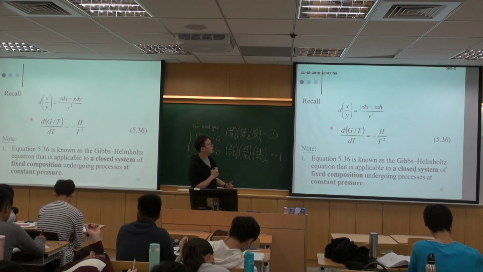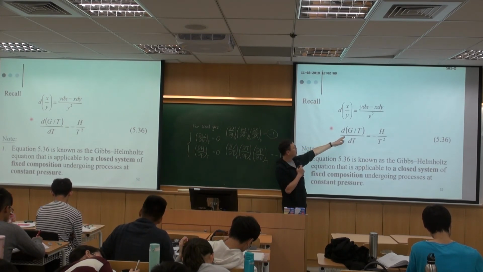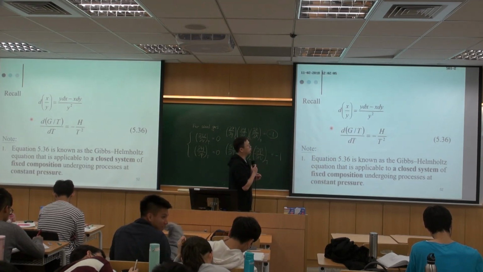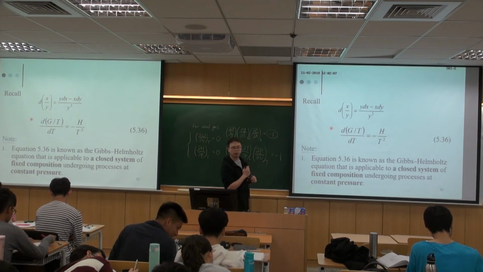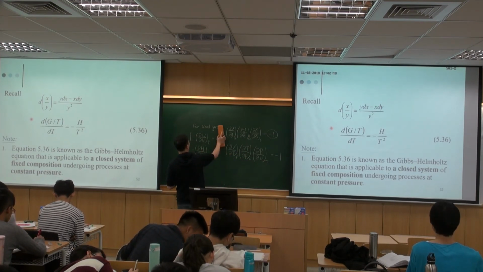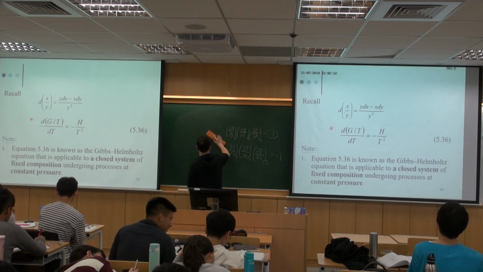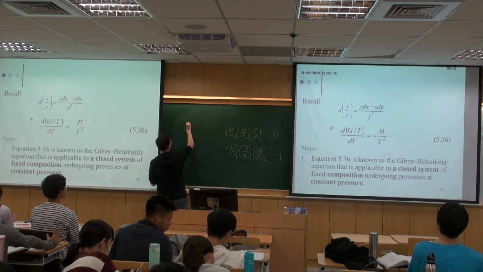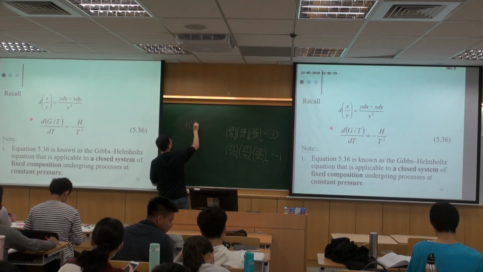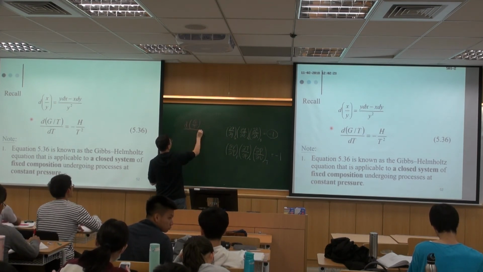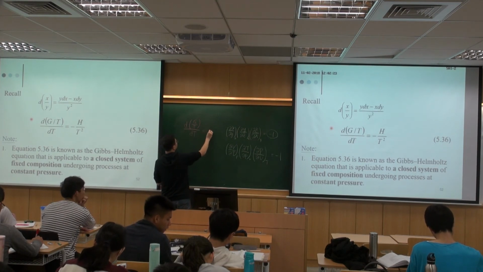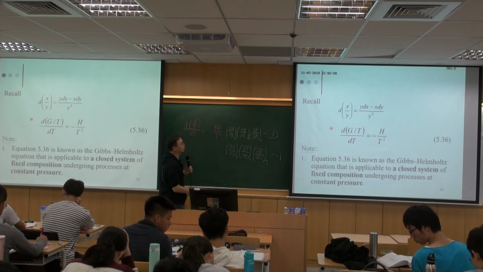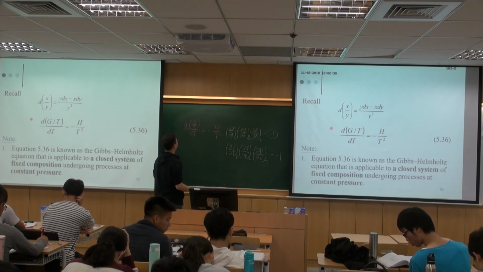So it turns out that if you take the derivative of G over T against temperature, you will have minus H over T squared. So the Gibbs-Helmholtz equation for the first one is that d(G/T)/dT is minus H over T squared. Should be something like this.